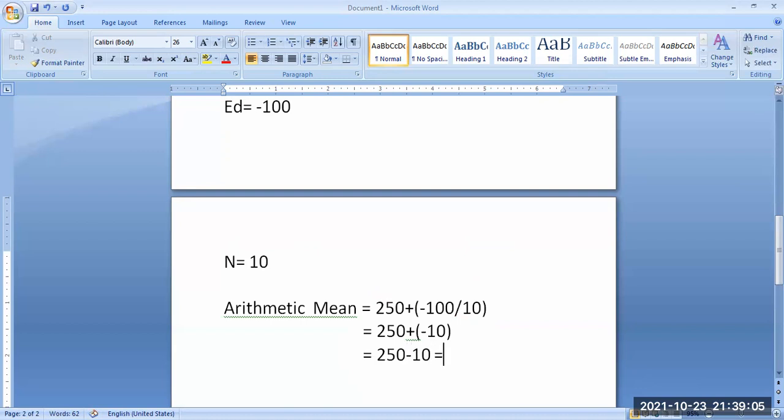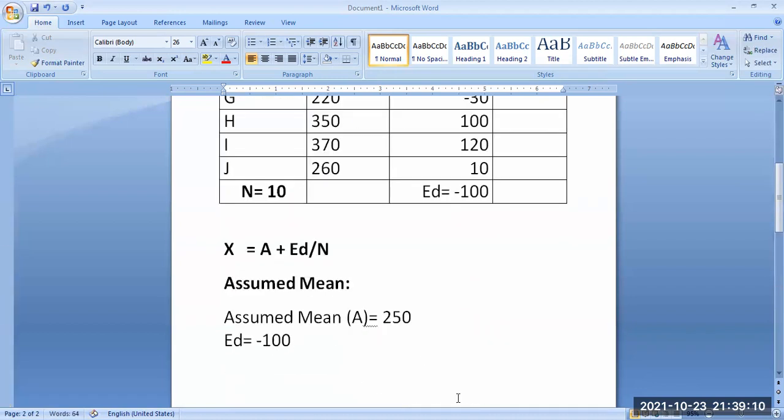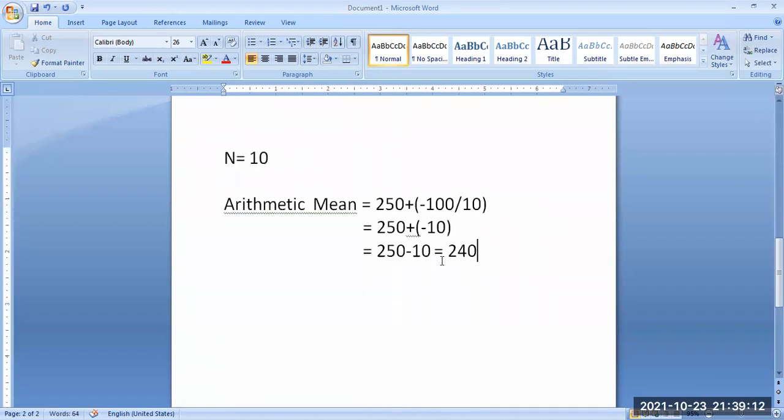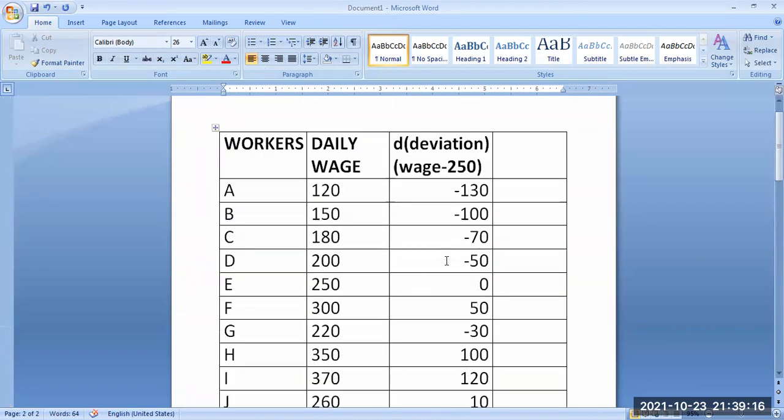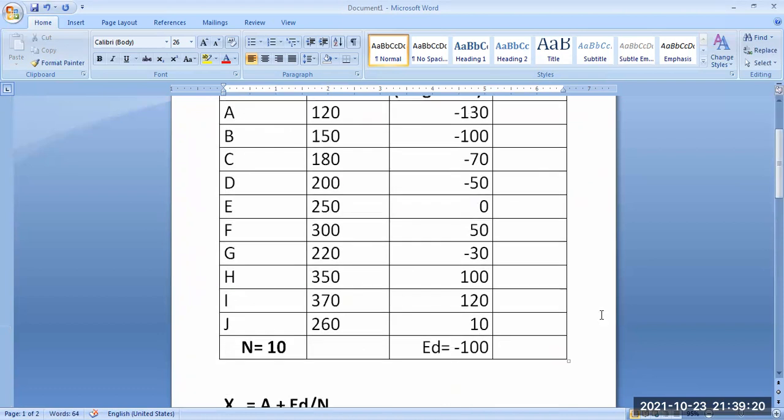So it is equal to 240. The same value came as in the direct method. Assumed mean also gives the same value.